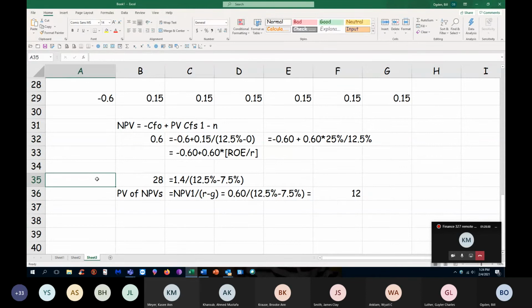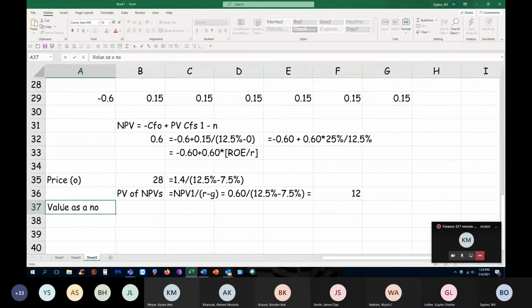So let's label these again so we can play them a little bit. So what was the $28 again? That's the price at year 0, correct? Okay. And let's continue here. What's the value as a no growth? Okay, that would be EPS1 divided by R. And for us, that would equal EPS1.